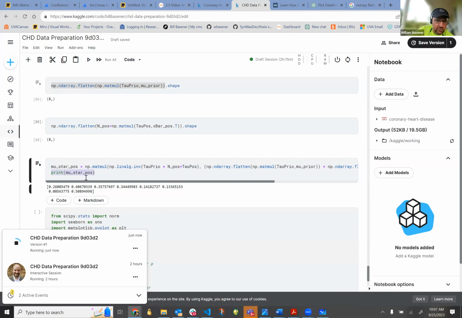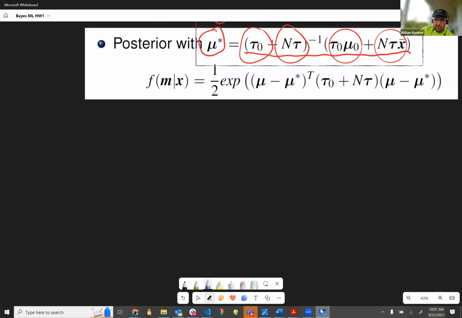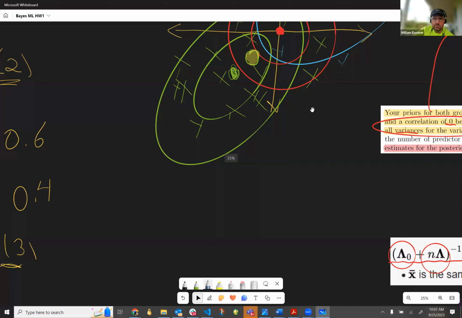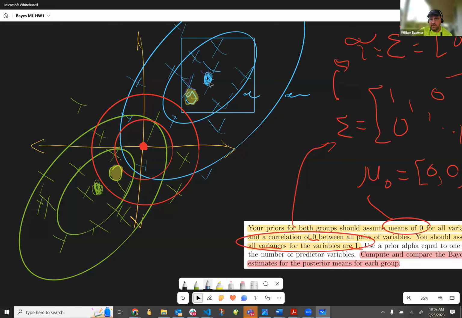And this is the mu star positive, which gives us this. This is your posterior probability distribution estimate for the mean of the positive data. And see if that compares correctly with this picture. The positive data, the data mean was here. Our prior assumes it's close to 0.